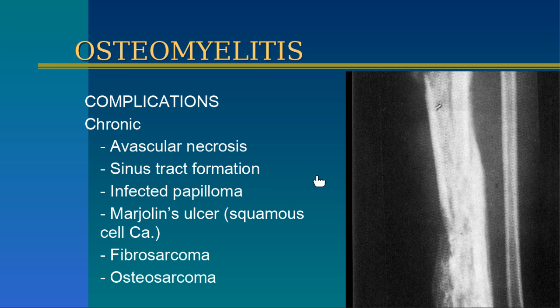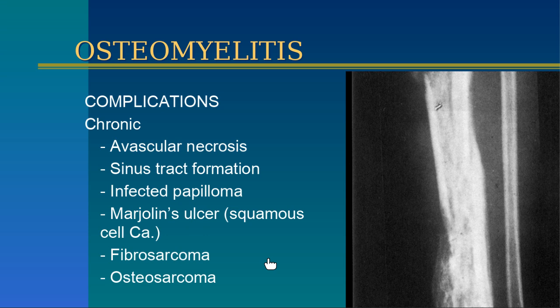Now, if you have prolonged inflammatory markers just hanging around, you can have mutations. And that's what we have to look out for, because you can have transformation, malignant transformation into any one of these when it comes to osteomyelitis.